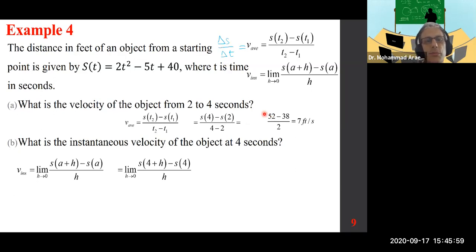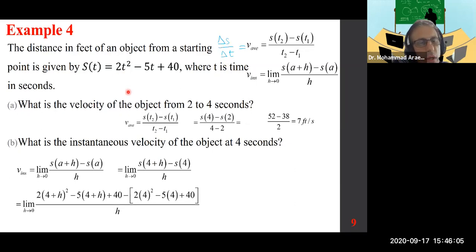So if I put 4 plus h, I get 2 times 4 plus h squared minus 5 times 4 plus h plus 40. This one I could have written, this part I could have written just the number I had here, 52. So we don't need to do that in case. Now, I'm going to quickly write at the top of it what we have.